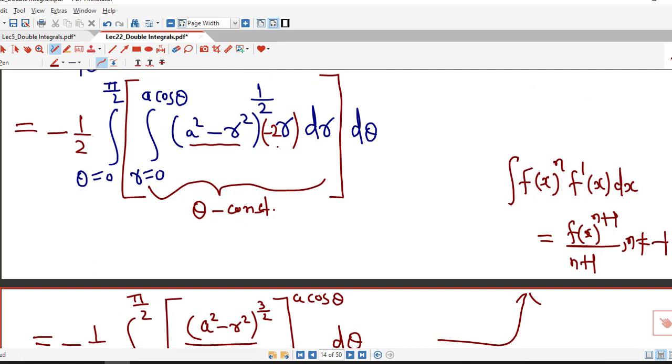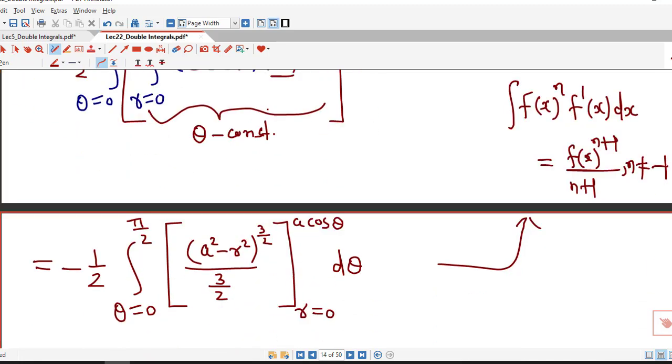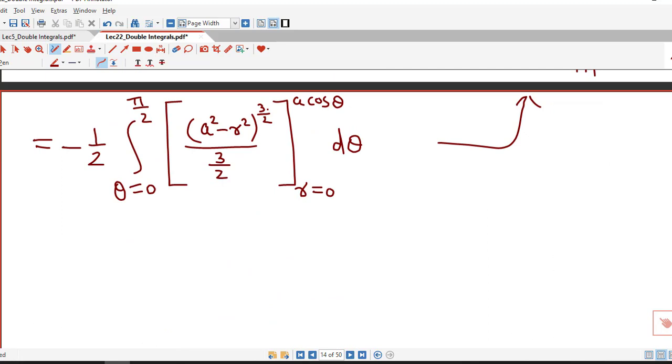So we are using this formula here. A square minus r square has derivative minus 2r and here n equal to 1 by 2. So 1 by 2 plus 1 is 3 by 2. Now we can cancel out this 1 by 2 with this 1 by 2 here, and we can take this 1 by 3 outside. So minus 1 by 2 divided by 3 by 2, that is minus 1 by 3.